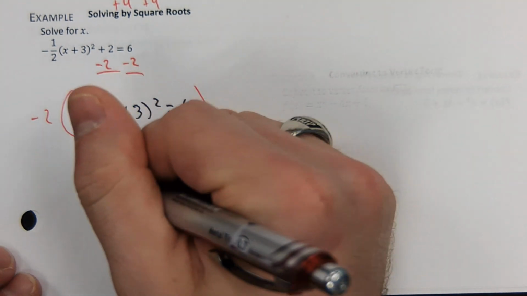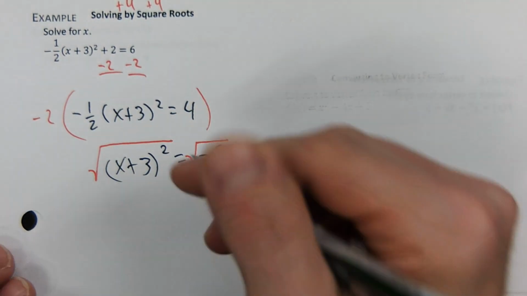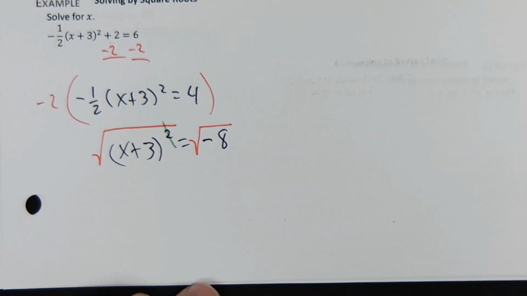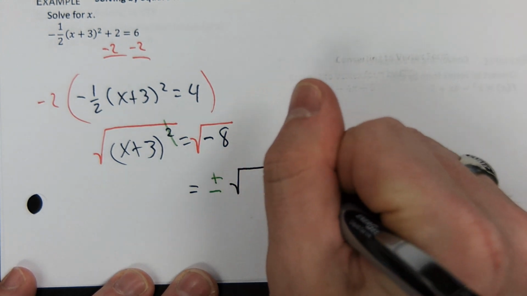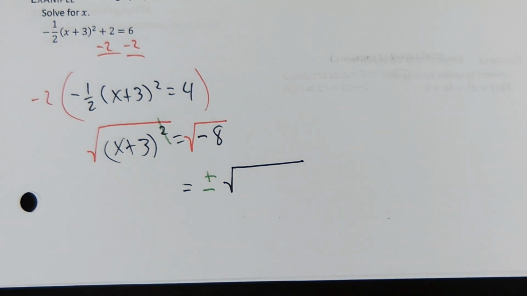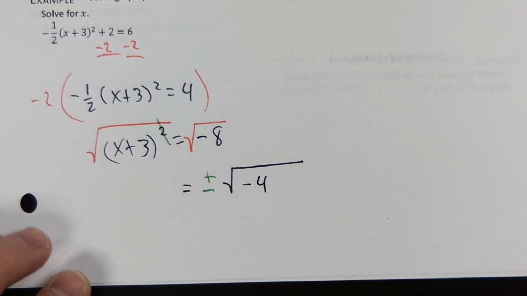Anyway, take the square root of both sides. We have to break -8. What perfect square goes into 8? 4 does. So we're going to break our -8 into a -4 times 2. Remember I told you from now on we treat -1 as a perfect square.